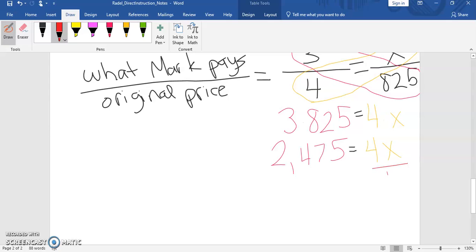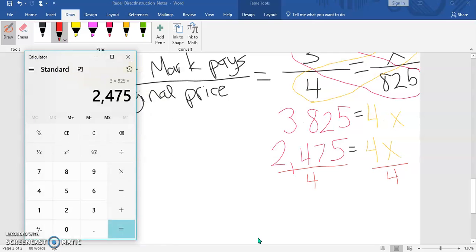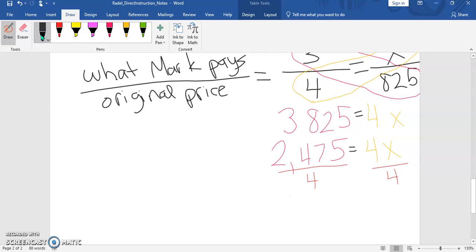So let's divide by 4 on both sides. 2,475 divided by 4 is $618.75.